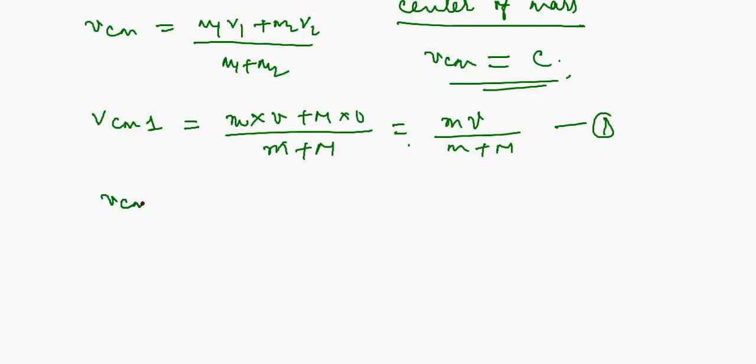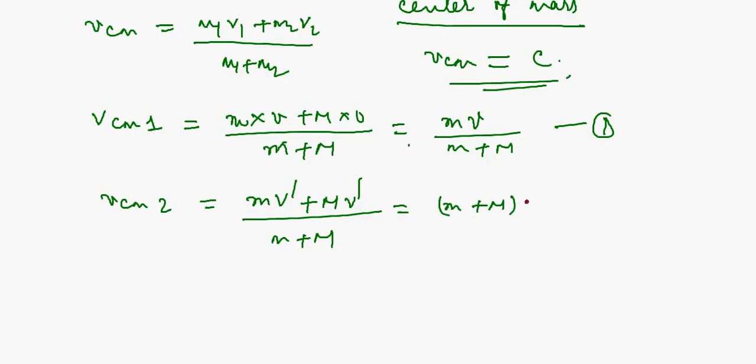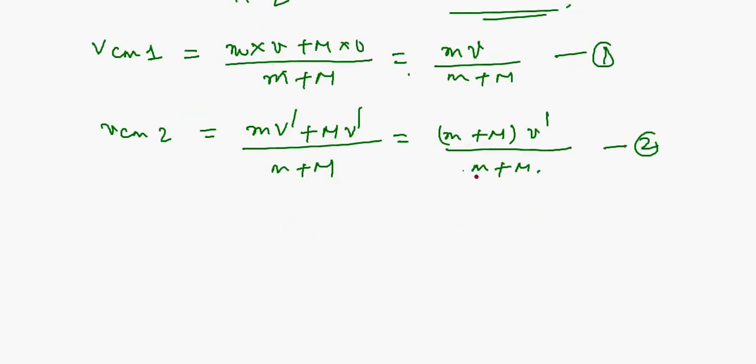Final velocity of the center of mass, Vcm2, is m v prime plus capital M v prime divided by m plus M, which is (m plus M) into v prime divided by (m plus M). As the velocity of the center of mass remains constant, these two are equal.